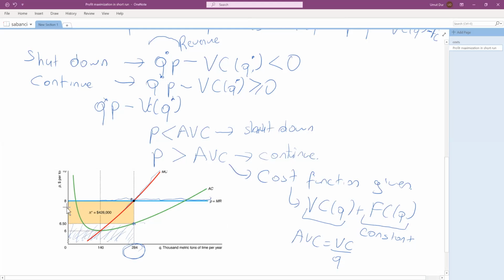This big area is your revenue, and this blue shaded area is your cost for producing this amount of goods. Then your profit will be this yellow shaded area.